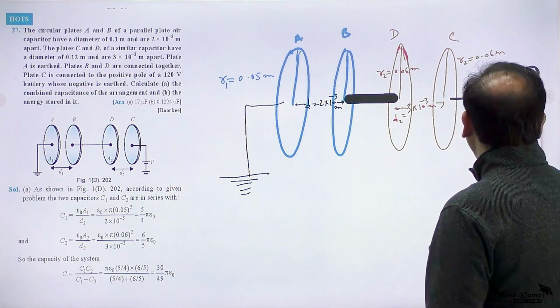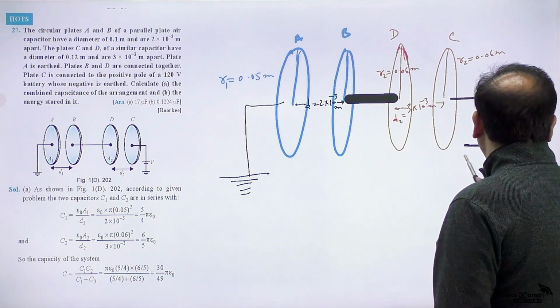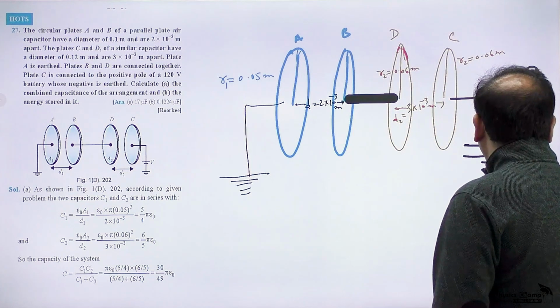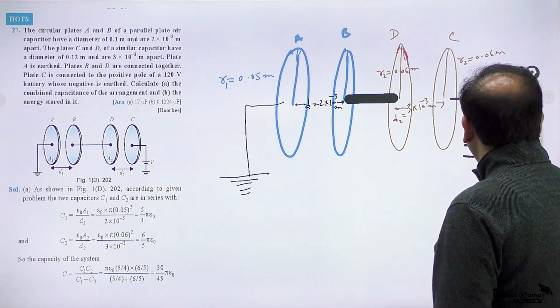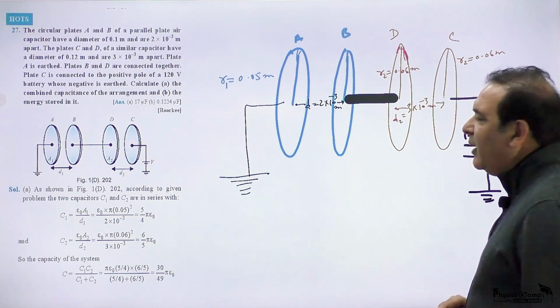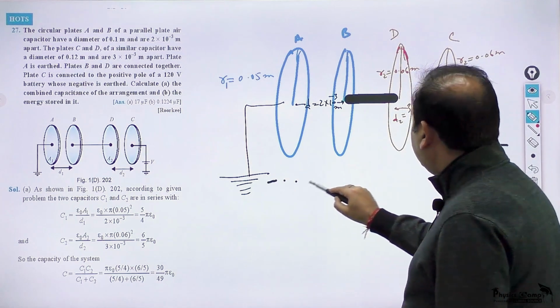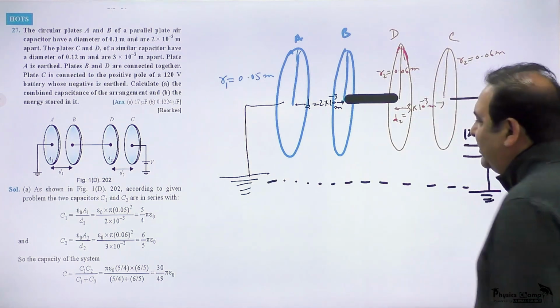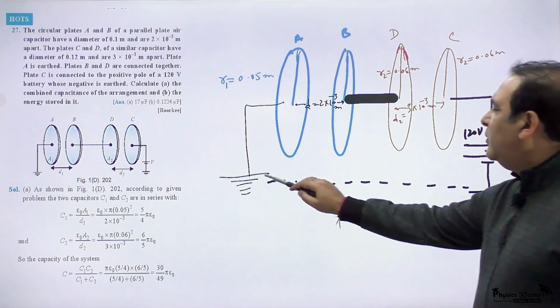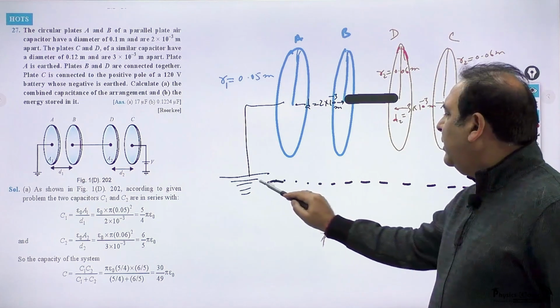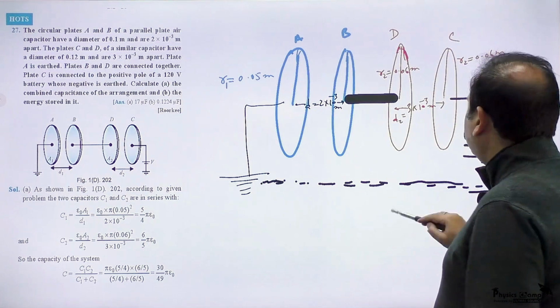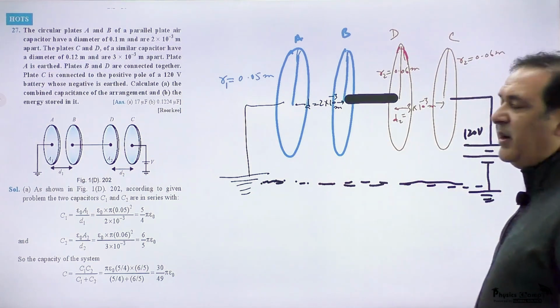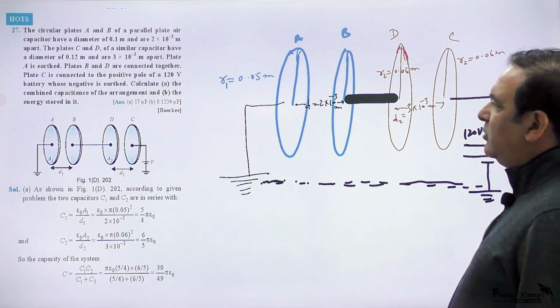So plate C is connected to the battery like this and earthed, and this is 120 volt. When they are earthed, it means they are connected to each other. This is also at 0 volt, this is also at 0 volt, as though they are connected to each other. So it is like 120 volt is connected across this whole combination.